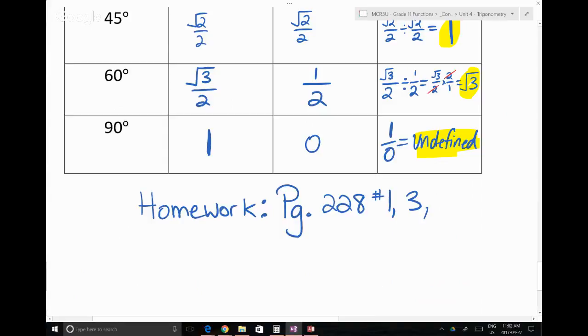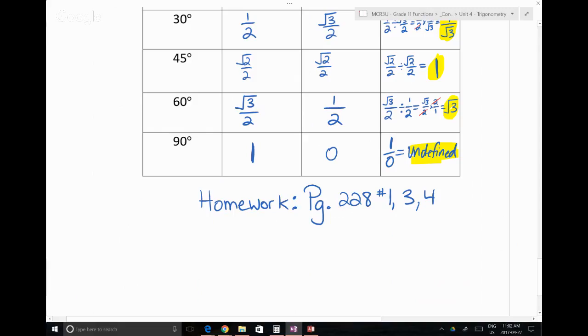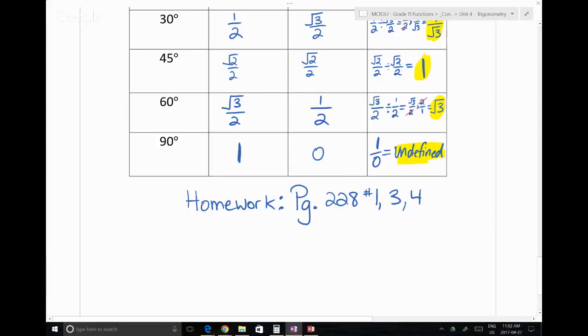Four seems like a waste of time. That's okay. We'll do 4. 1, 3, and 4. And that's all. I think I told you to go all the way up to 9, but I changed my mind, actually. I'd rather do that tomorrow with you.